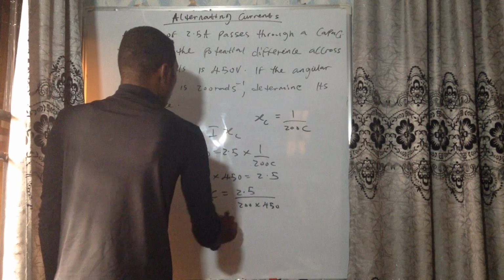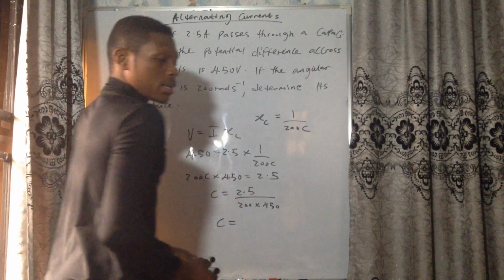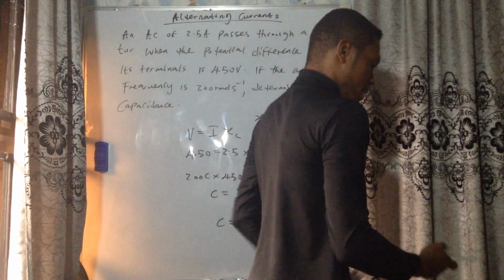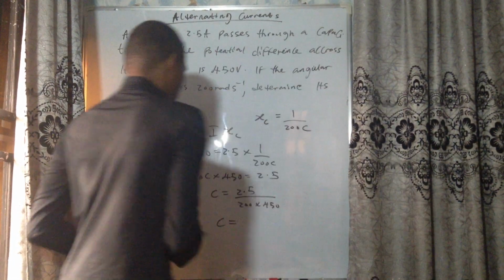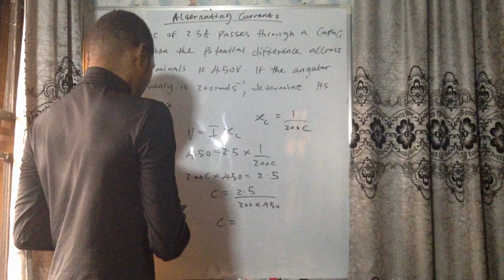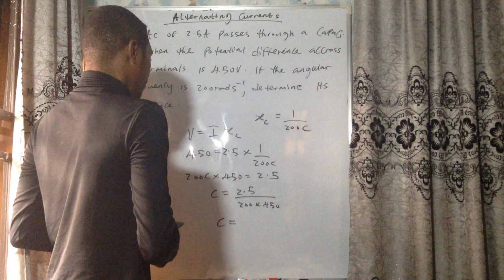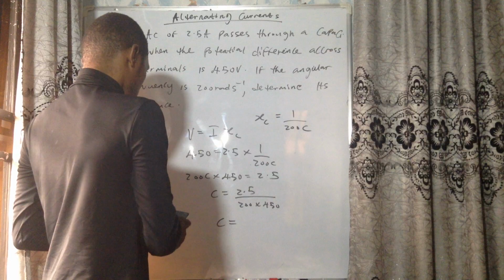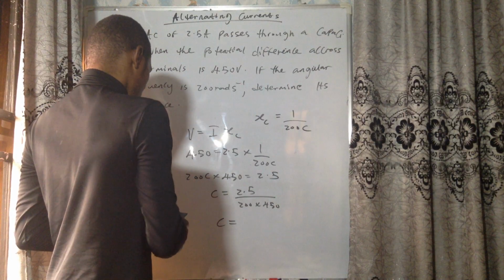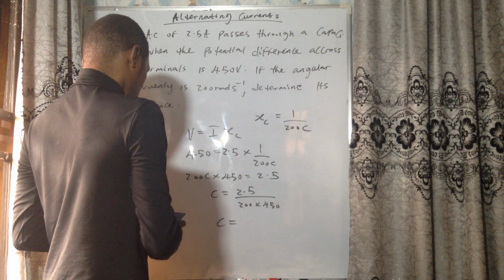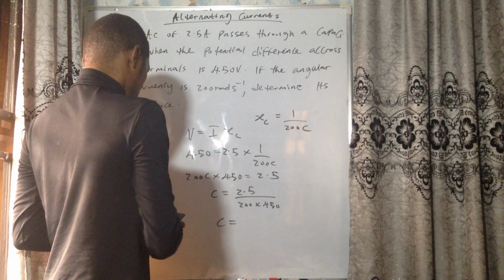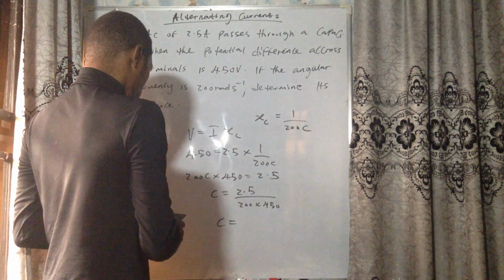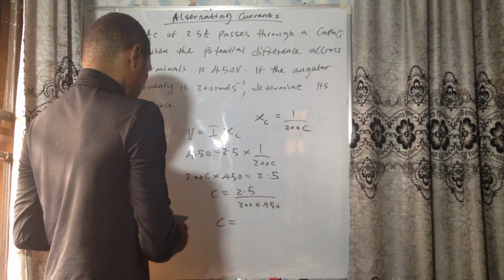So my C will become, let me get a calculator, 2.5 divided by 200 times 450. We have 200 times 450 equals 90,000. So it becomes 2.5 over 90,000.